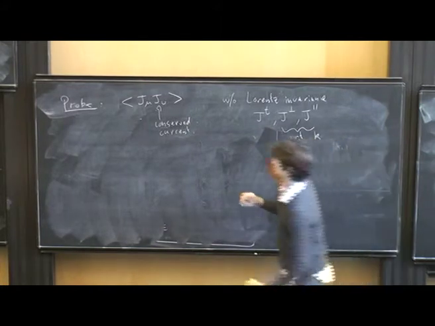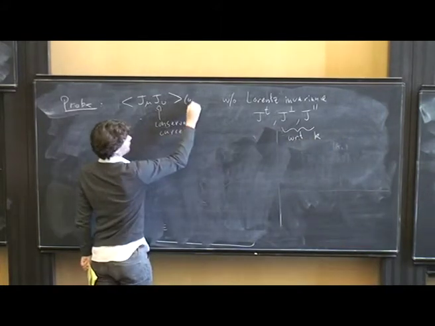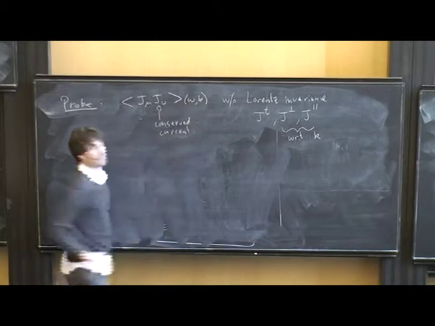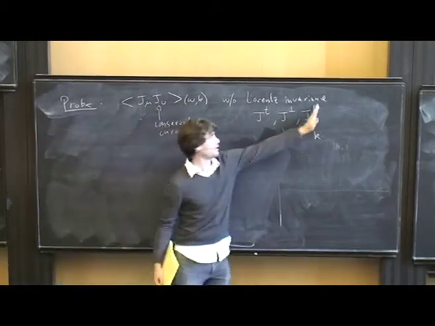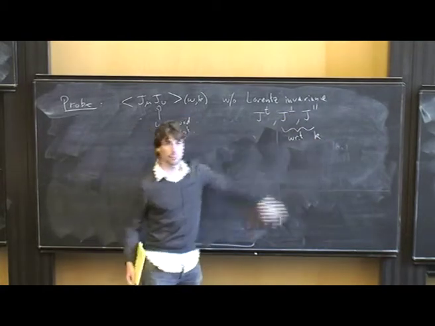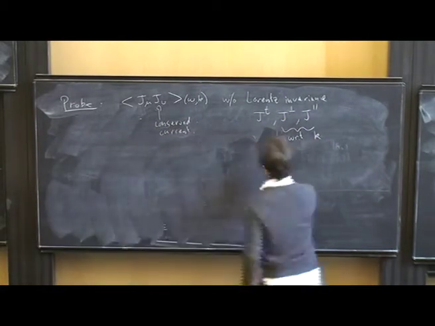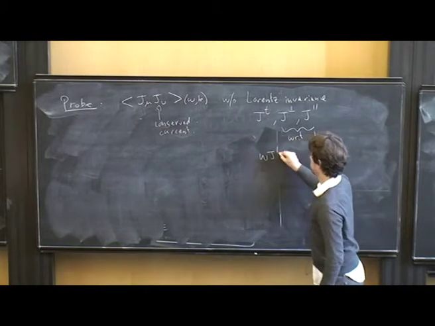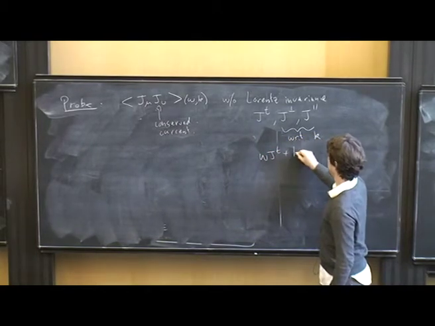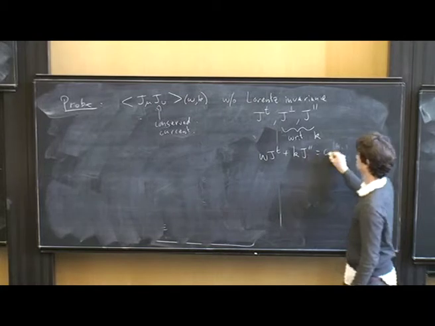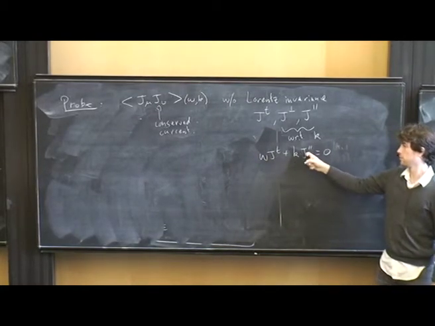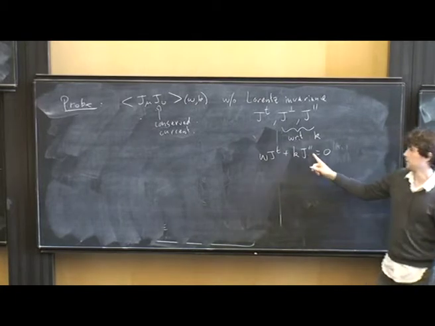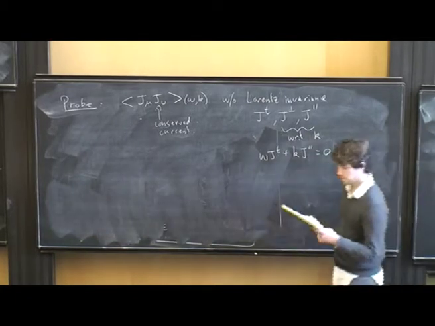We're going to calculate this as a function of energy and momentum. This is a vector, so certainly you can split it into the components parallel and perpendicular to the momentum. The conservation law is then omega J_t plus k J parallel equals 0. That's d/dt of that, divergence of that. And so J_t and J parallel are related by this.